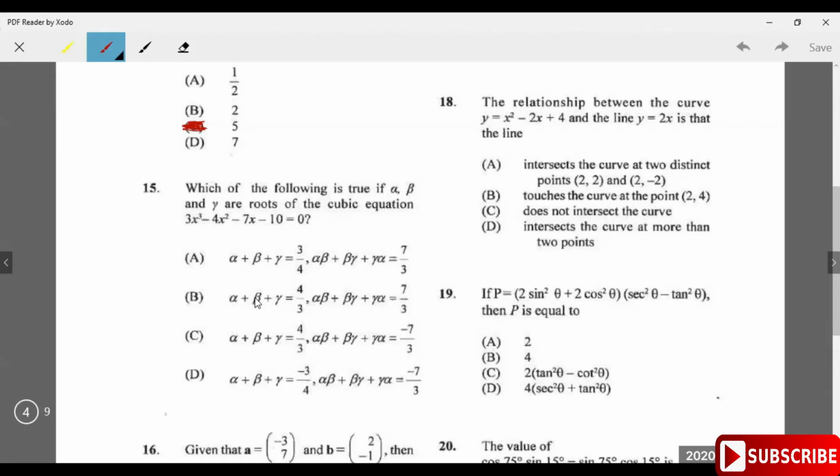So 4 over 3 is alpha plus beta plus gamma. And then alpha beta plus beta gamma plus gamma alpha is minus c over a, which is negative 7, which is 7 over 3. So that looks like option B.